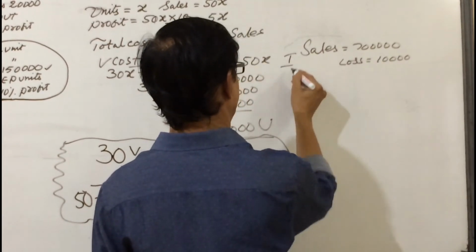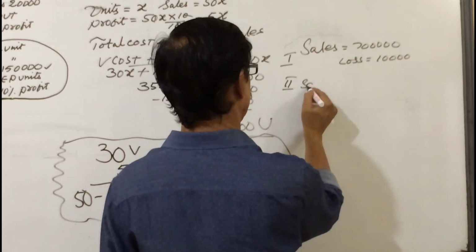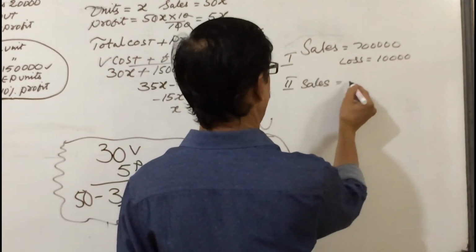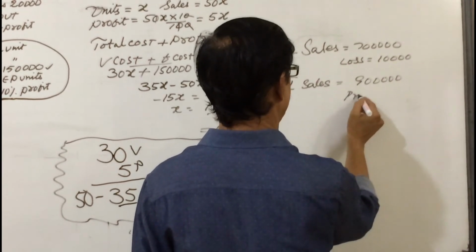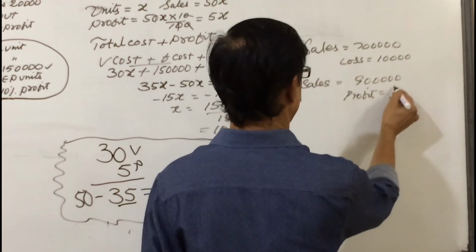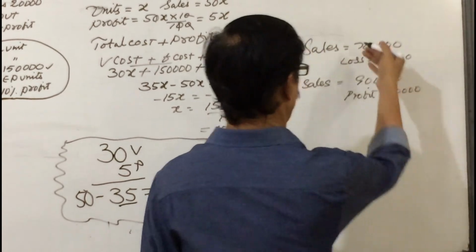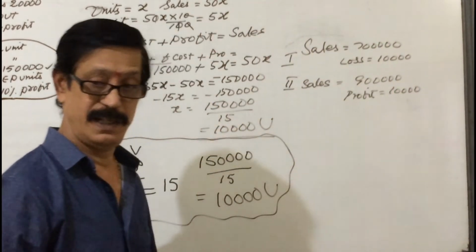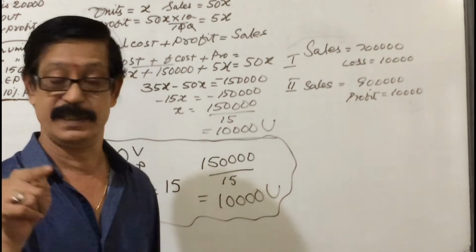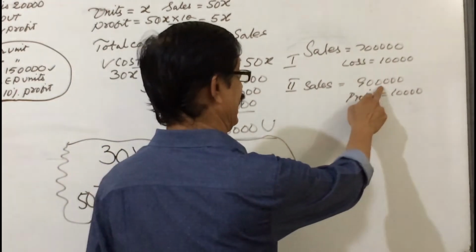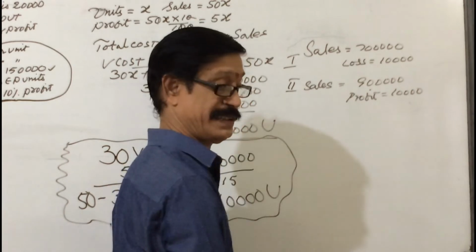In the second year sales, they got 9 lakhs, then they got a profit of 10,000. Suppose this is the problem. First year sales are 7 lakhs, then you got a loss of 10,000. But in the second year sales 9 lakhs, you got a profit of 10,000.